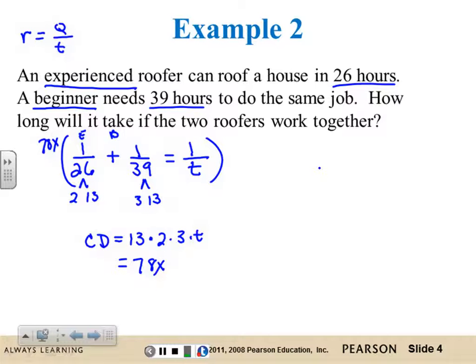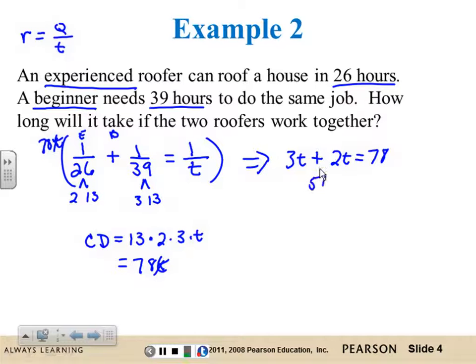78t. So when I do that, if I multiply 78t times 1 over 26, I'm going to get 3t. I was using the wrong variable. So that would be 3t plus 78t times 1 over 39 is going to be 2t is equal to 78t times 1 over t is just going to be 78.